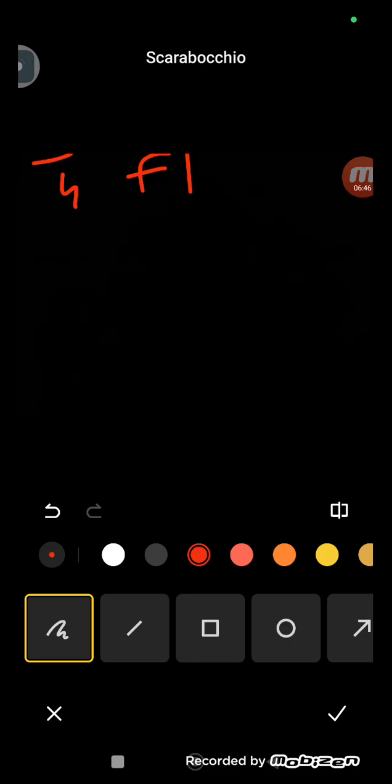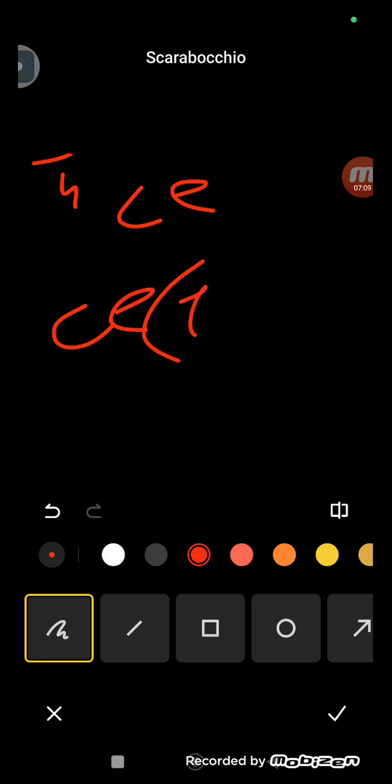Let's write floor. So you know what a floor number is. Floor 1.1, no, not floor, sorry, ceiling. I think ceiling 1.1 is 2.